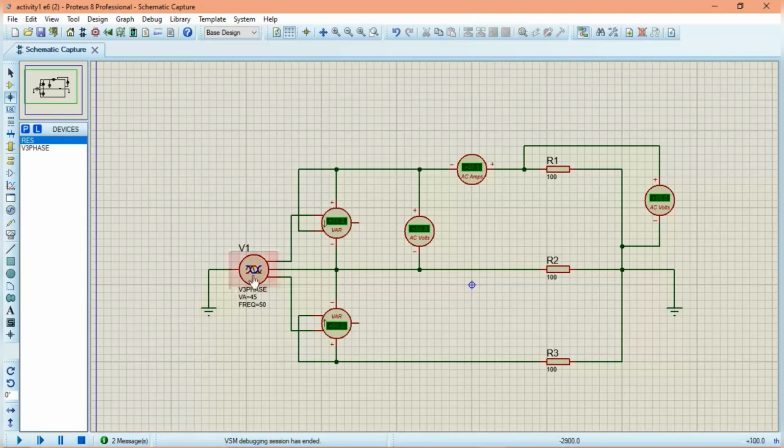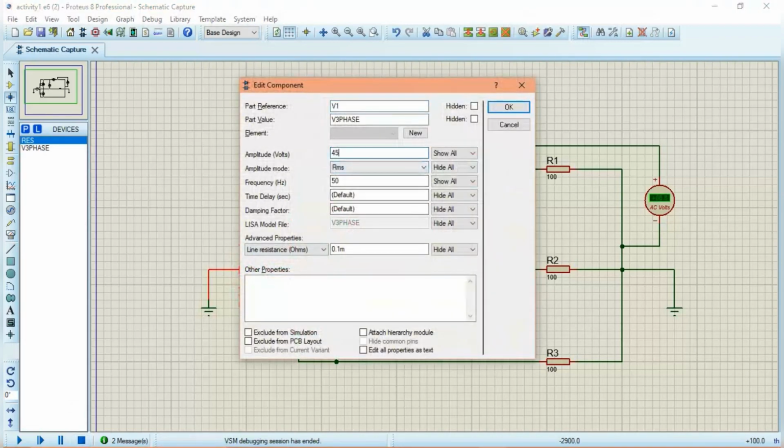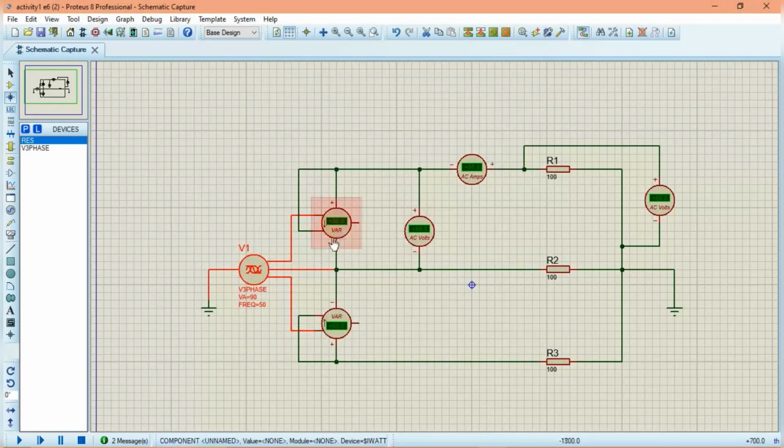Okay, next, for the voltage equals 90, when we run, okay, this is for reactive power. When we add these two, we will get 0.